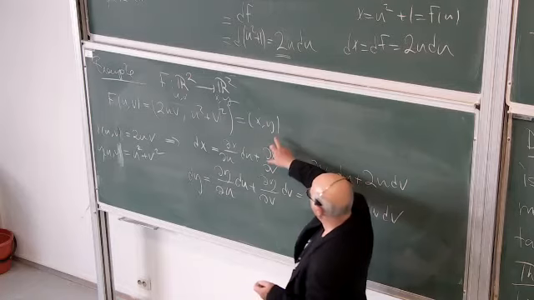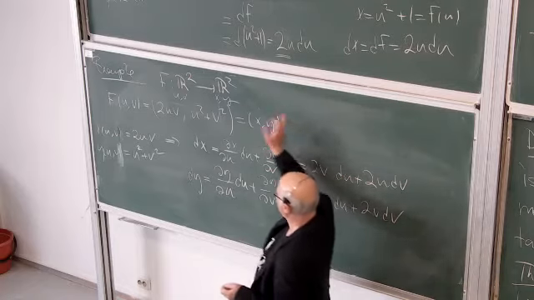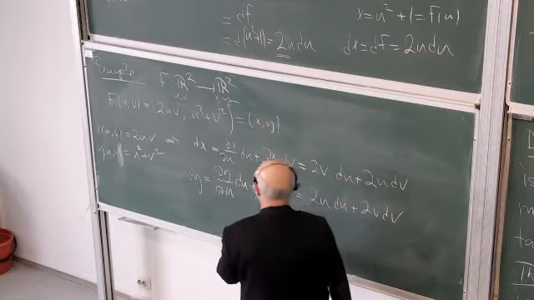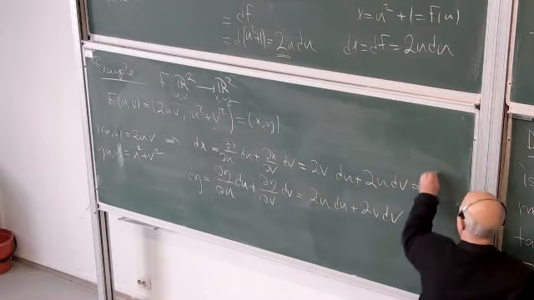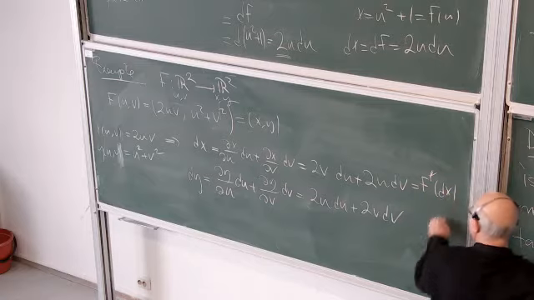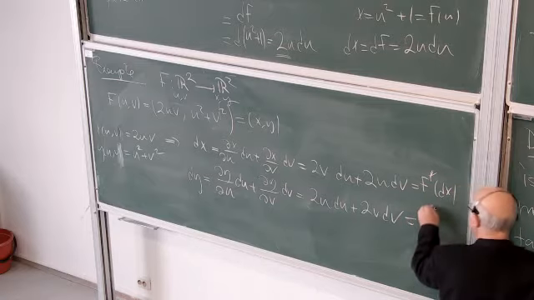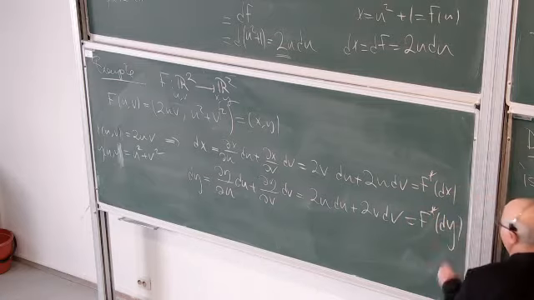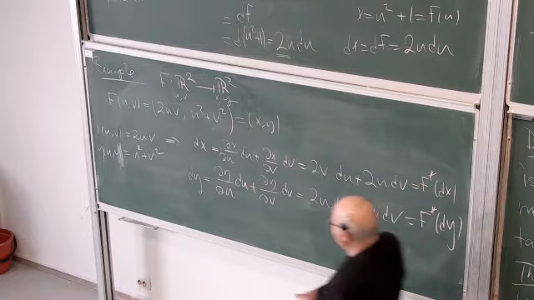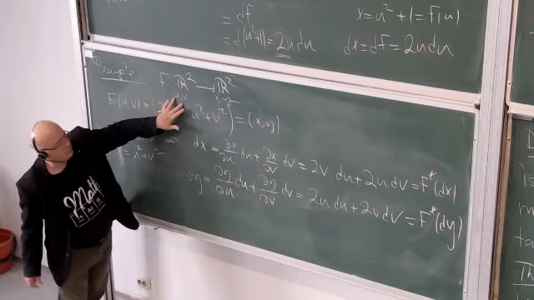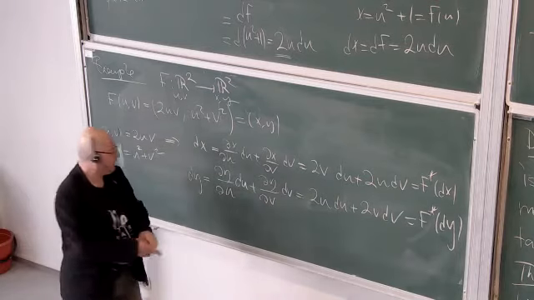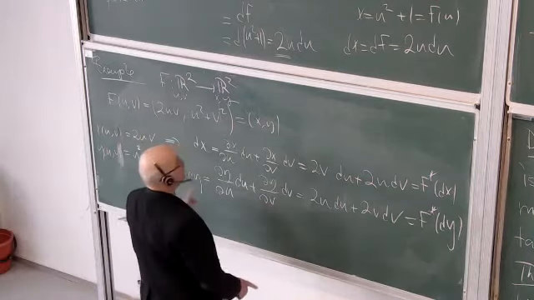Here I had the one form dx, its pullback. So its pullback is just this. So this is just f star of dx, and this is f star of dy. These are one forms now on this R2 where the coordinates are u and v. And the nice thing is this.